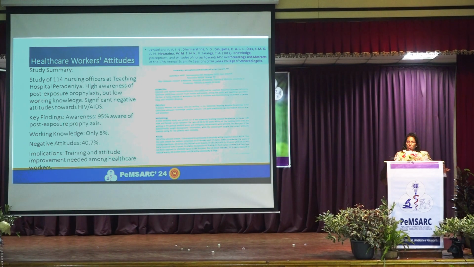Right. So what about the healthcare workers' attitudes? We would think that they are better, right? So the study summary: we involved 114 nursing officers from the teaching hospital Peradeniya, and we explored their knowledge of post-exposure prophylaxis and their attitude towards HIV and particularly HIV patients, right?